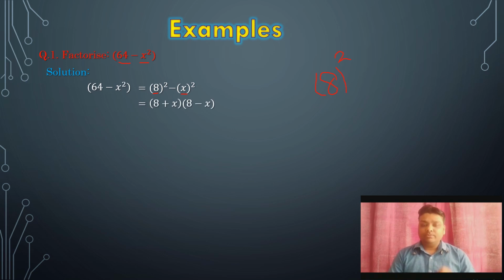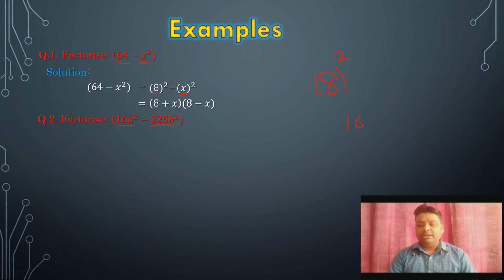Now let's see one more question. This time the first term is 16a square and the second term is 225b square. In the previous question there was only one constant term and only one alphabet, but here you can see a number with an alphabet. Then no problem.